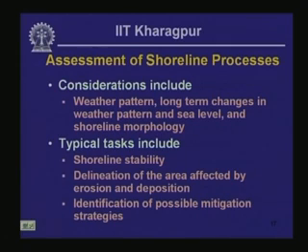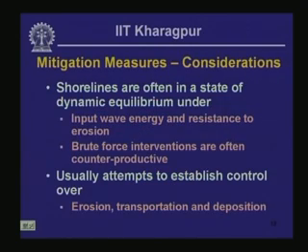Assessment of shoreline process. Here we need to consider the weather pattern, long-term changes in weather pattern and sea level, and shoreline morphology. Typical tasks here include shoreline stability. We need to delineate the area affected by erosion and deposition, and identify the possible mitigation strategies.